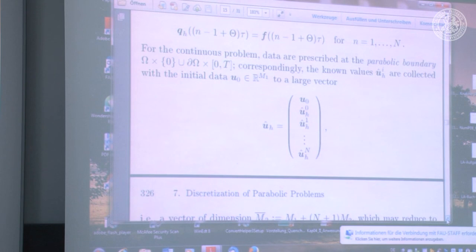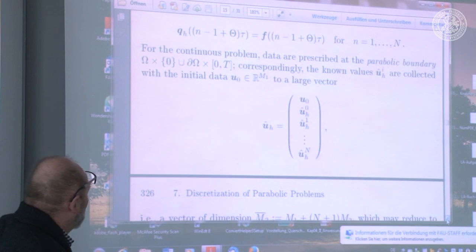If you think of the problem on the time-space cylinder, the boundary values are at the bottom, the initial data, and at the mantle of the cylinder. So even if at the mantle we don't have any values prescribed, of course at the bottom we have values prescribed. And that is the reason why, in this time-dependent case, we can allow for the pure Neumann case.